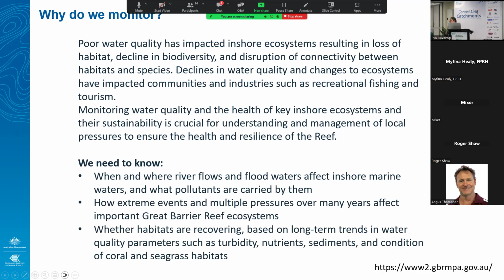Those long-term trends do take long-term monitoring to pick up because, as you know, our rivers in Queensland are very variable. One year we may have a huge flood and then we may not get another one for a few years. So picking up what's happening in terms of long-term trends against that background of high variability takes consistent monitoring.